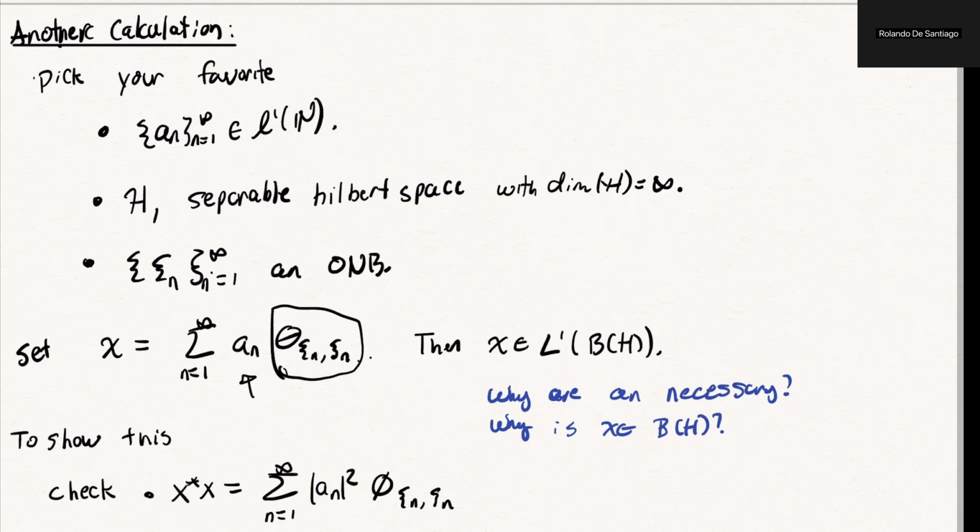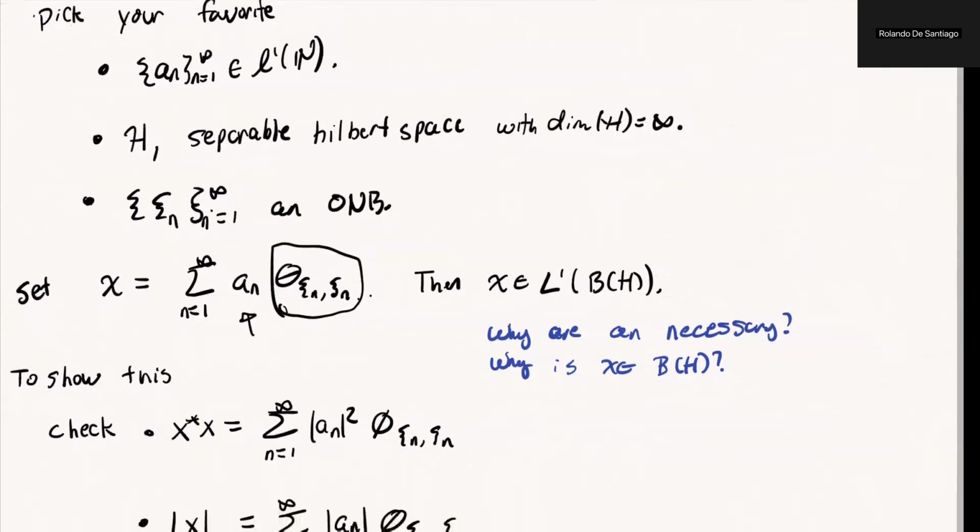These two questions aren't necessarily independent. All right, so this will be an operator in B of H, and my claim is that, even better, it's an element of L1 of B of H.